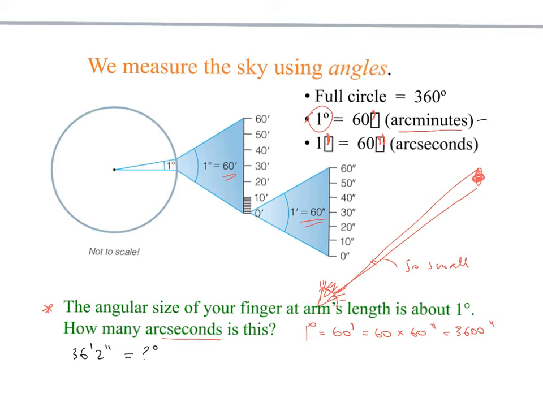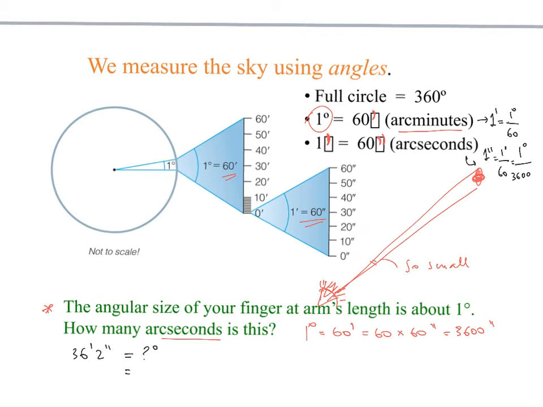Here's what you do. 1 arc minute is going to be 1 degree divided by 60. 1 arc second is obviously 1 arc minute divided by 60, or also 1 degree divided by 3600.